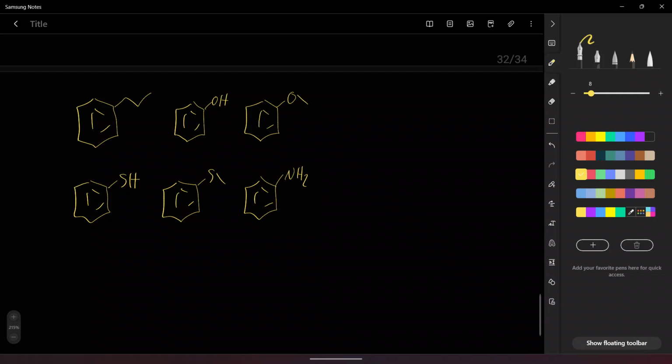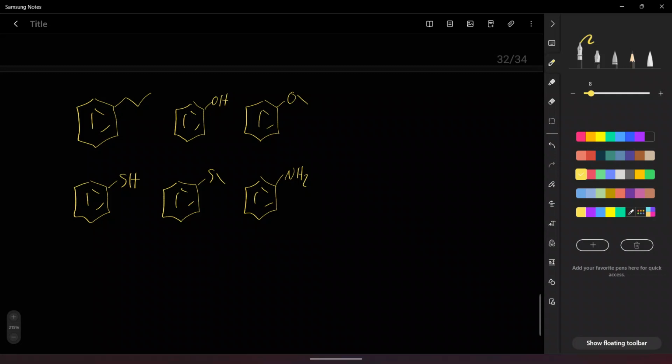And if the ring is more nucleophilic, it should make these reactions faster. Because again, in EAS reactions, benzene is the nucleophile. Nucleophiles are more reactive if they're more electron rich. And so therefore, if I'm donating electron density into the ring, I'm going to speed up these reactions.